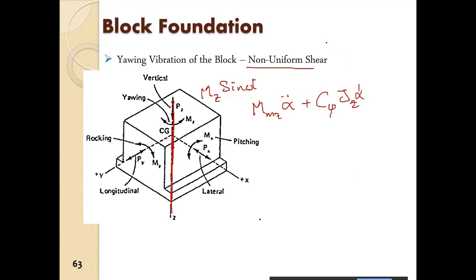Alpha is also a function of time, so alpha is equal to alpha naught sine omega t, or plus some phase difference. So c psi and polar moment of inertia into the angular displacement is equal to the applied moment mz sine omega t.